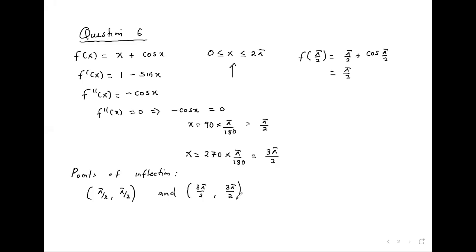Hello. Why is it 3 pi over 2, comma 3 pi over 2? Because when we go to our original function and substitute 3 pi over 2 where there is x, we'll have 3 pi over 2 plus cos 3 pi over 2. But cos 3 pi over 2 is 0, so we still remain with just 3 pi over 2.